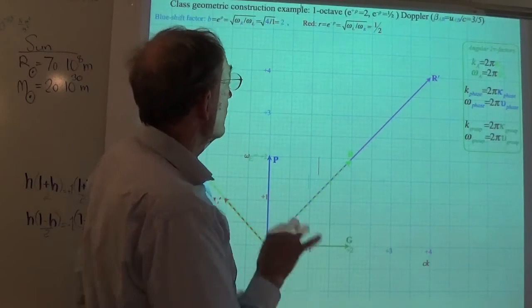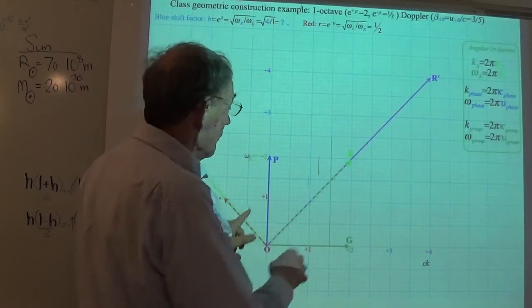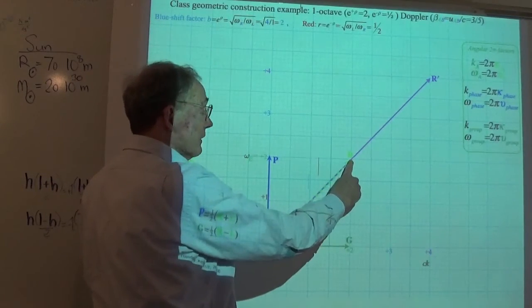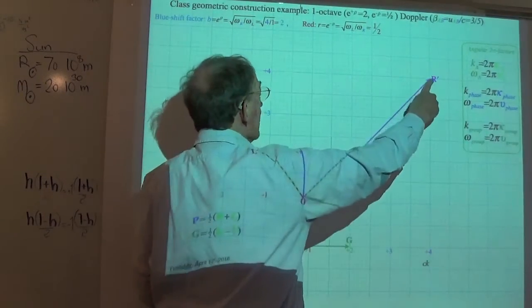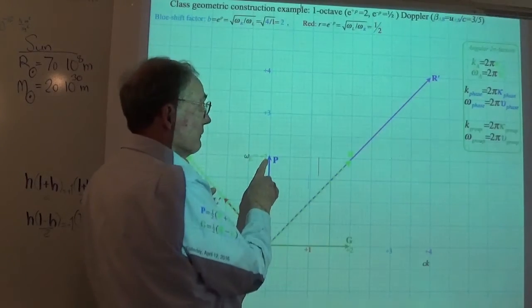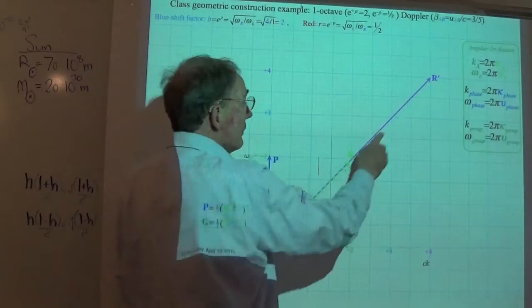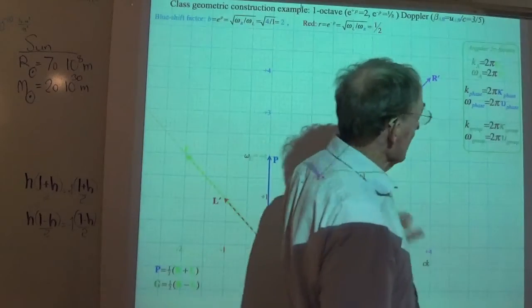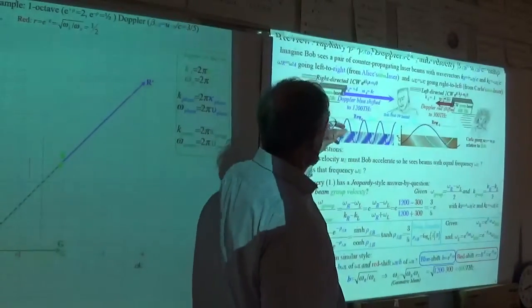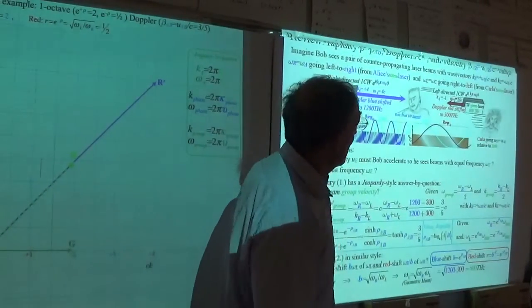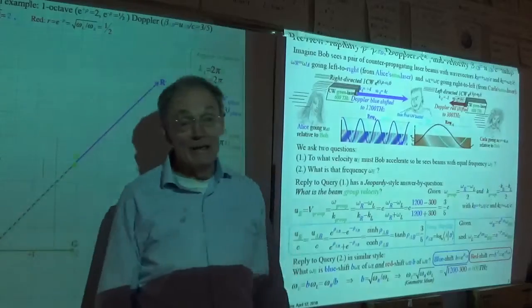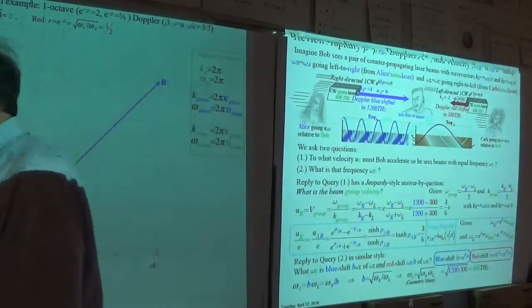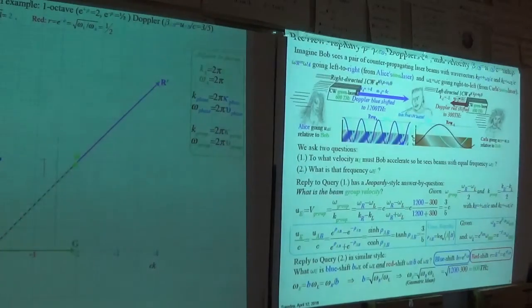We're talking about a frequency shift of 2 from 600 terahertz to 1200, from 2 units of frequency to 4 units. So that's the diagram in per space time of this cartoon showing Alice putting Bob's eyes out with UV light coming from the left.